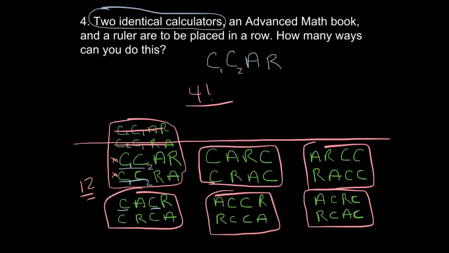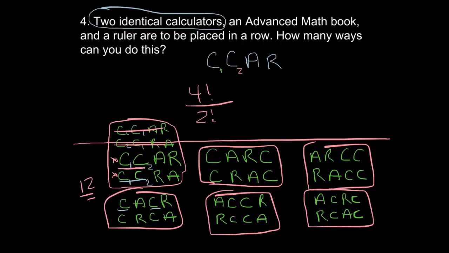And for reasons I'm going to explain later, it's not really just 2, it's 2 factorial. Because the amount of duplicates is equal to the amount of ways to arrange these C's. So if there were 3 calculators, we would have expected that each of these arrangements would have been set up 6 different times, 3 factorial times, 1 for each way to arrange those C's.